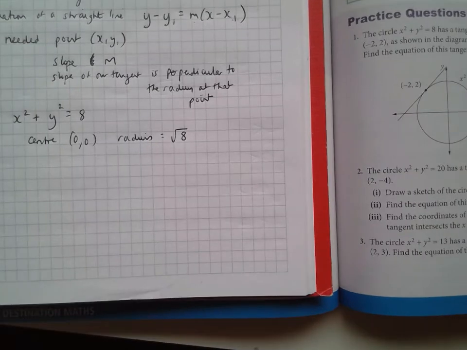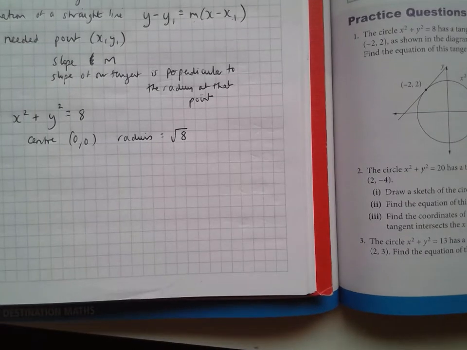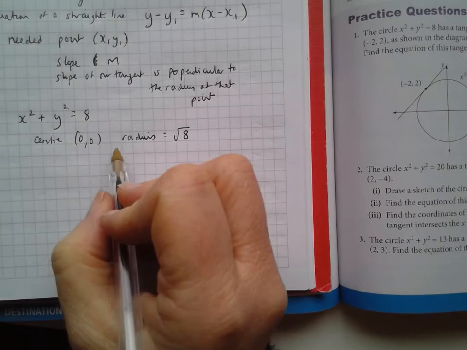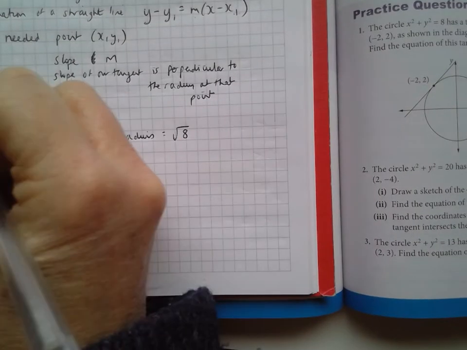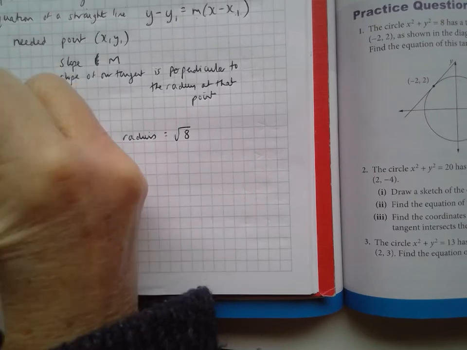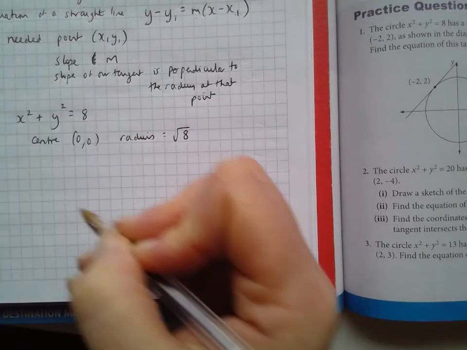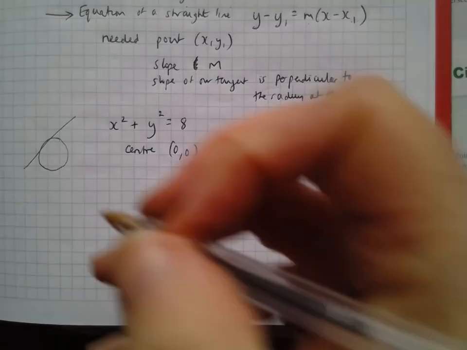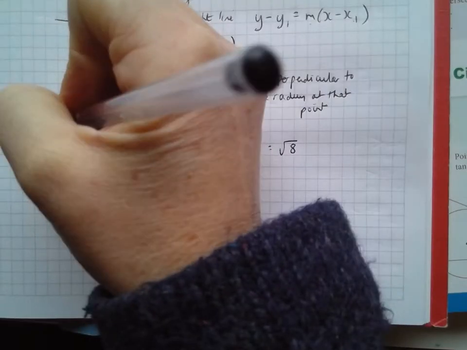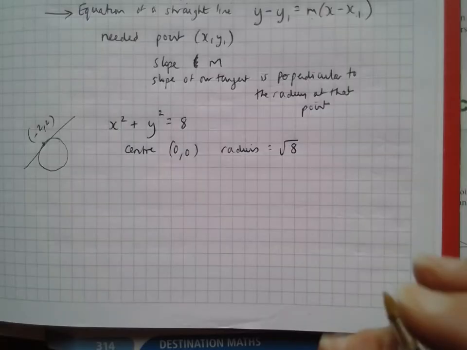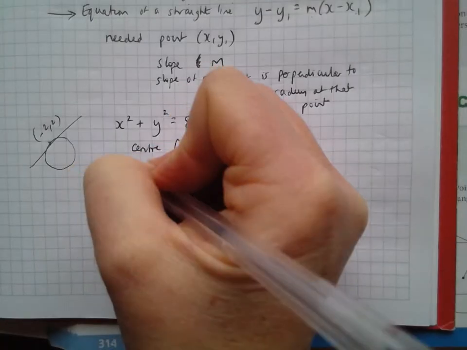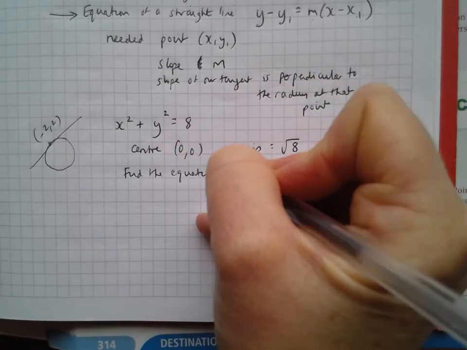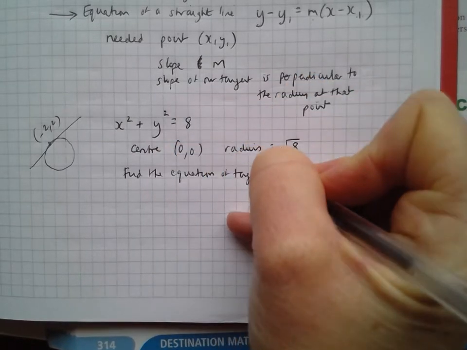It has a tangent at the point minus 2, 2. So the point of intersection of this circle and this tangent is minus 2, 2. Now remember, we've been asked to find the equation of the tangent to the circle at the point minus 2, 2.